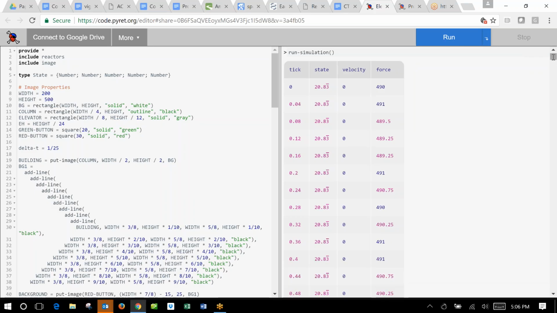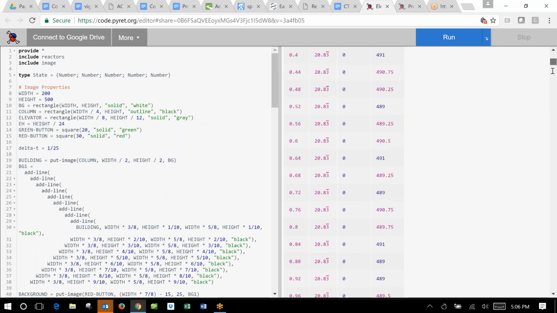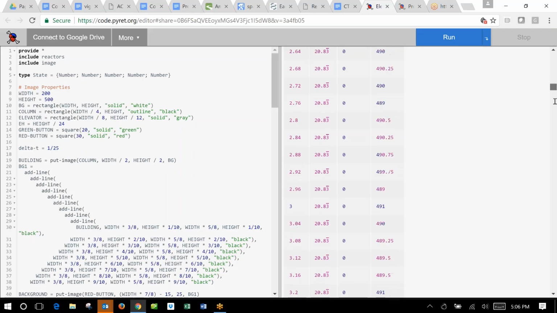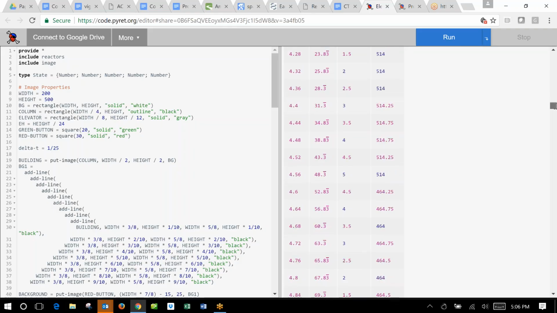And you can take this, you can copy it into Logger Pro if you want, or Excel, or whatever graphing program you use, and you can compare. You can look at multiple graphs simultaneously, and it's really very cool.